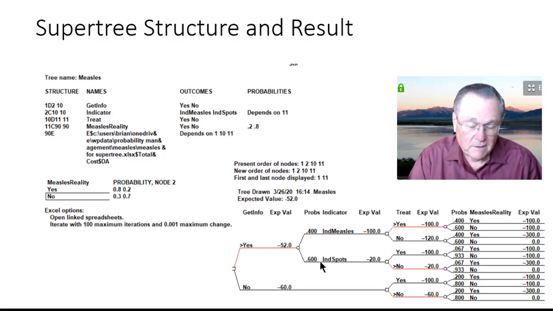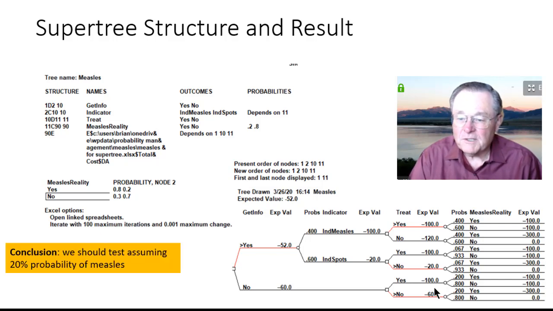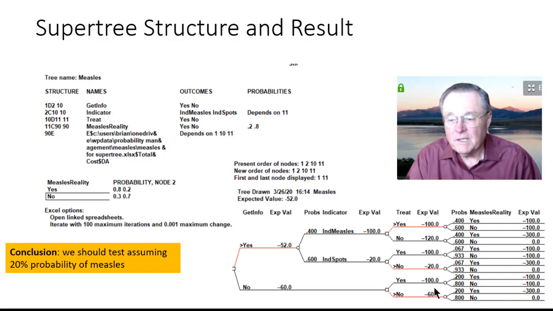As you might expect, if it indicates measles, I do treat, and if I indicate spots, I don't treat. On the other hand, if I don't get the information, then the best option is actually to not treat, and I'll take my chances with a minus 60 cost versus always treating where I have a cost of minus 100. So the conclusion is we should test when the probability of measles is 20%.